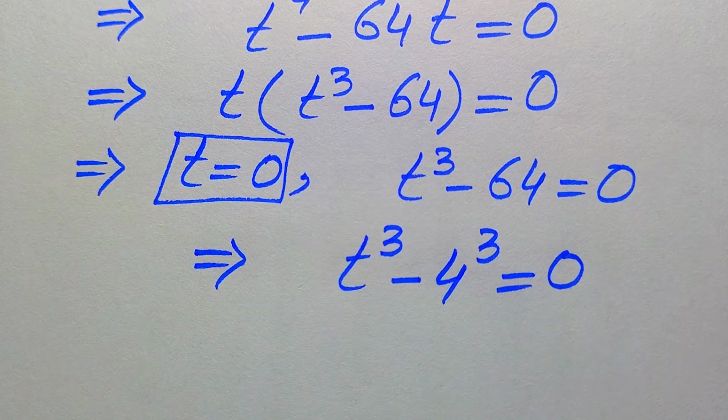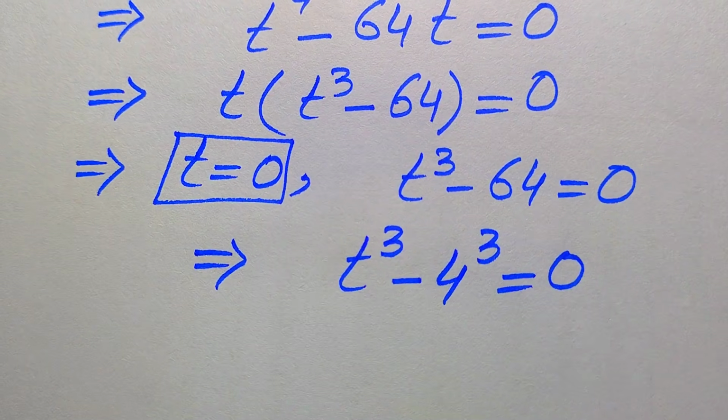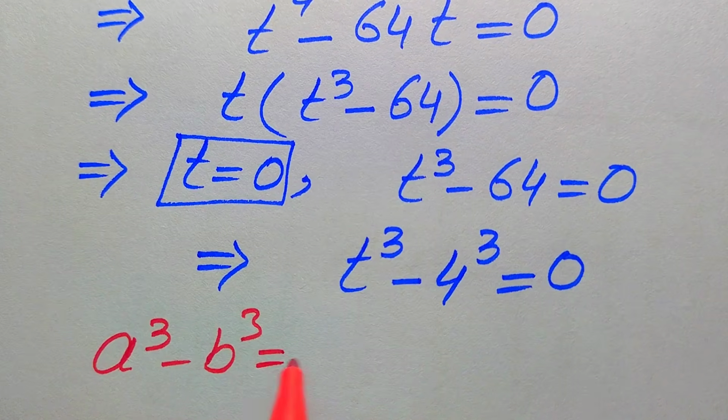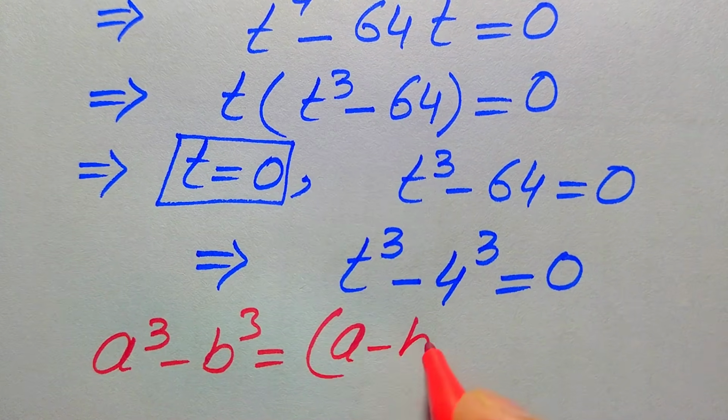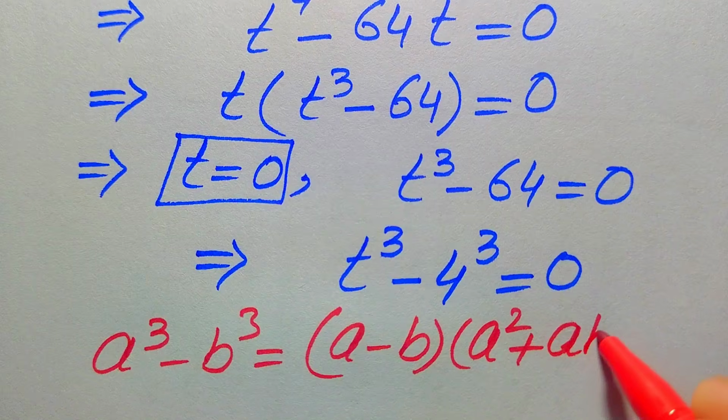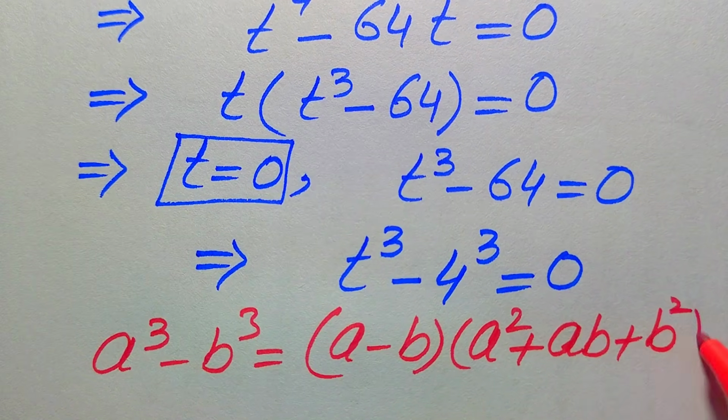And further in the next step, we use the nice cubic formula. You know about that: a cubed minus b cubed equals a minus b times a square plus ab plus b square.